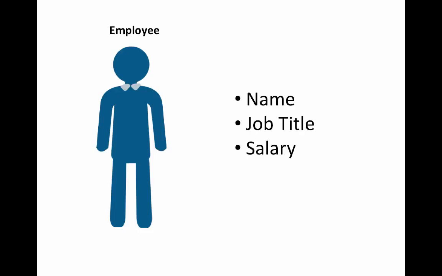So we could create a class called employee with these data members, and we could also create some methods for the employee, like calculate the salary, get the details of the employees, set the details of the employees, and we can also create some properties.